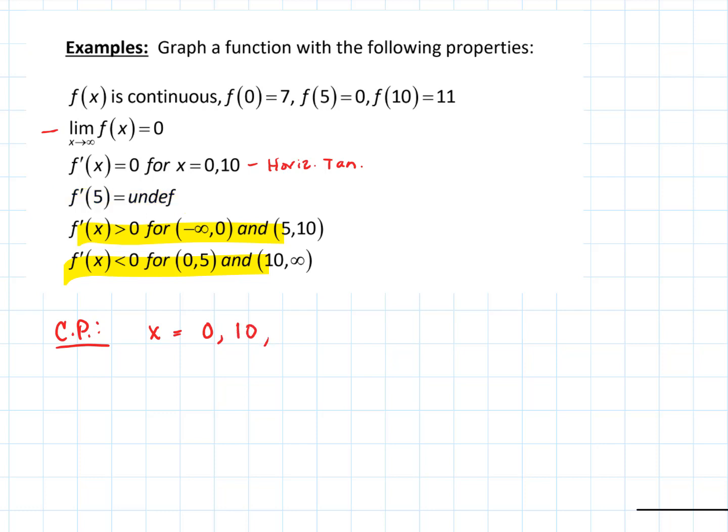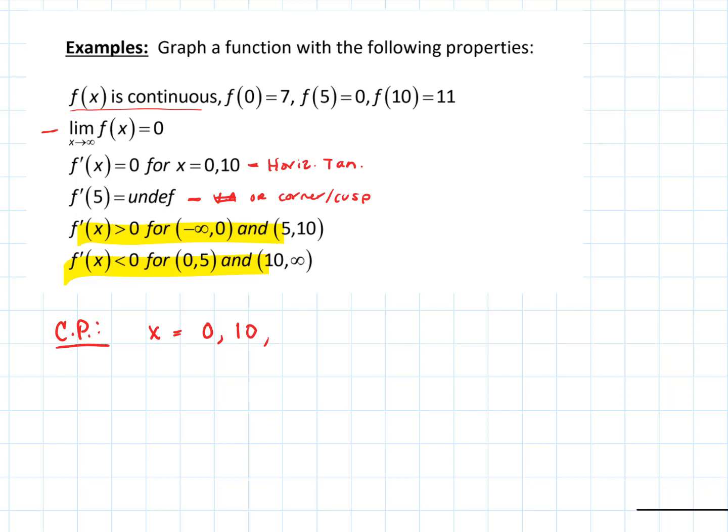This second piece right here is saying that the derivative is undefined. If the derivative is undefined, it could be that we have a vertical asymptote or a corner or a cusp. Well, I can eliminate the vertical asymptote because the function is continuous, meaning I can draw this function without ever lifting up my pencil. So at 5 we must have a corner or a cusp. We'll utilize that when we get into the actual graphing.